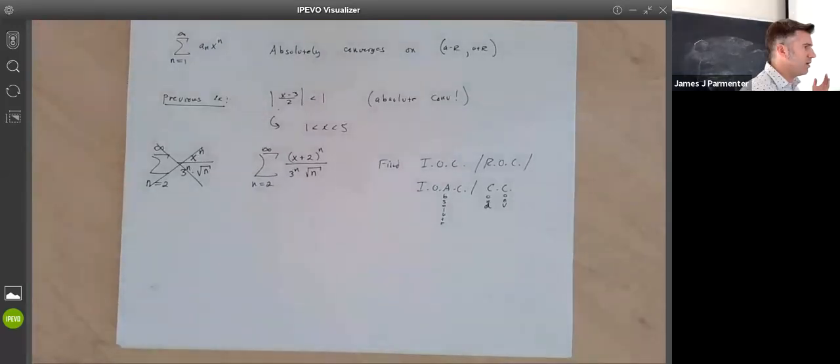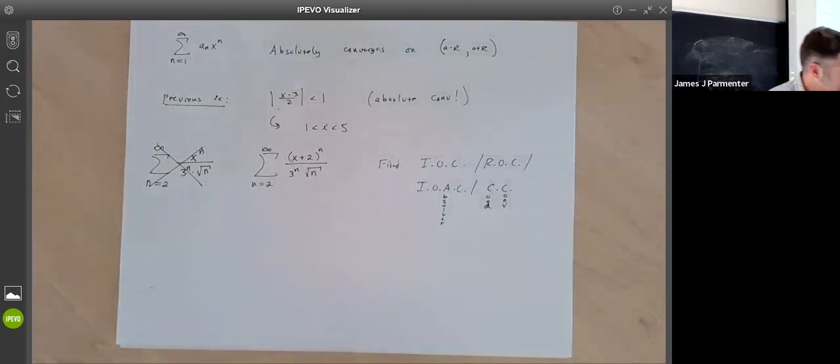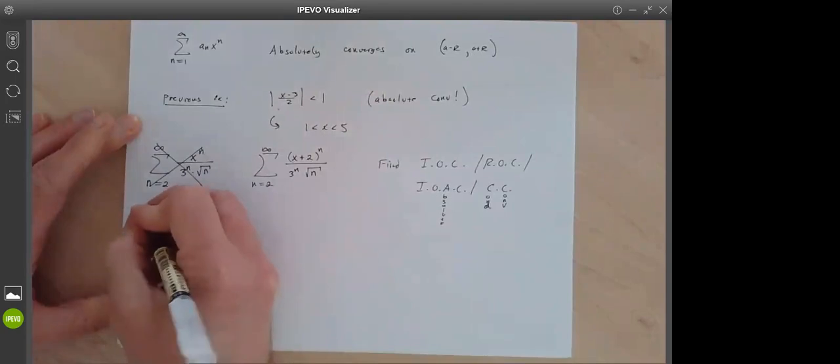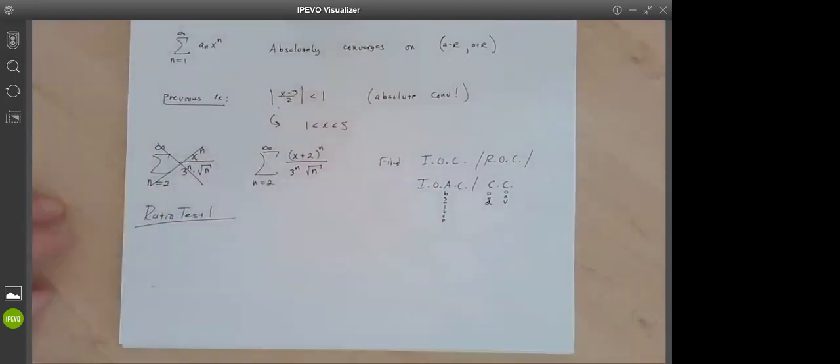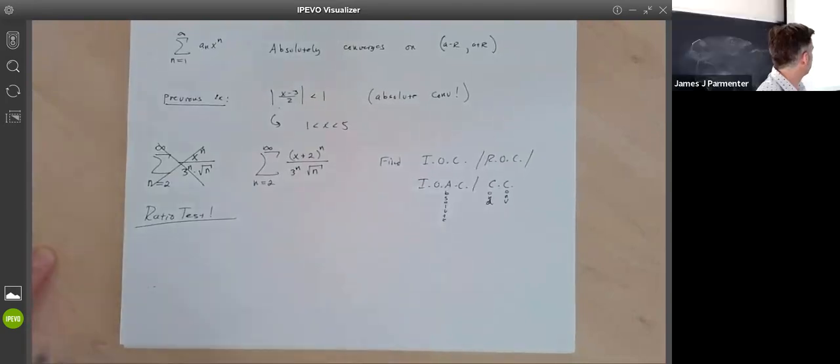And we're going to start, of course, with... what thing am I going to do first? Ratio test. Yeah, exactly, the ratio test. Cool. So a couple things to be aware of when you do the ratio test. Powers of n are almost completely inconsequential.